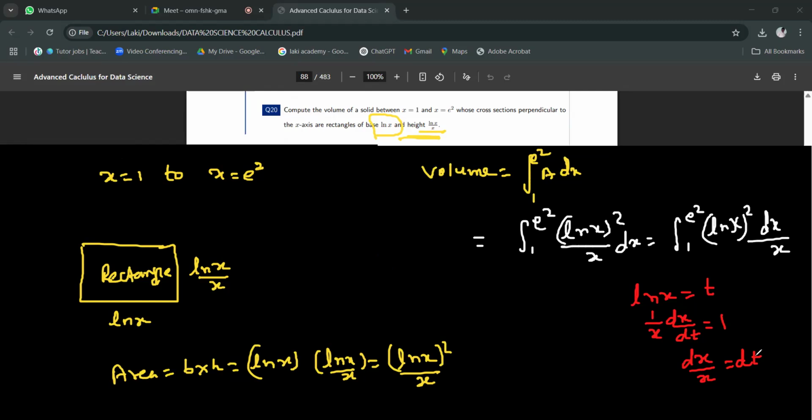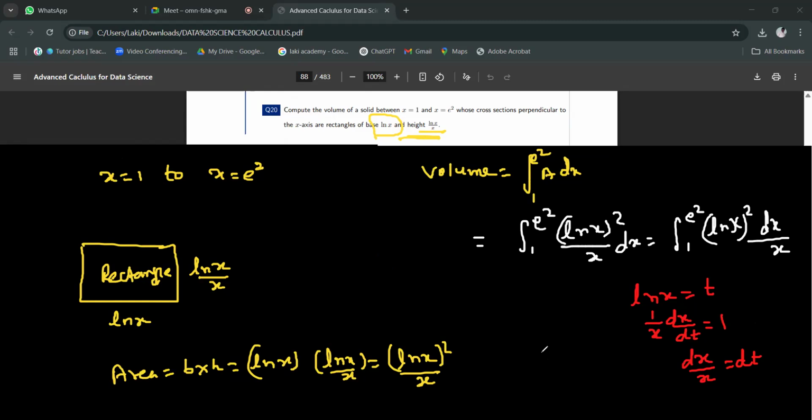What is area? Length into breadth. I put the area into the volume formula. Now we consider ln x equal to t. Whenever we put anything with t, always differentiate this, right?